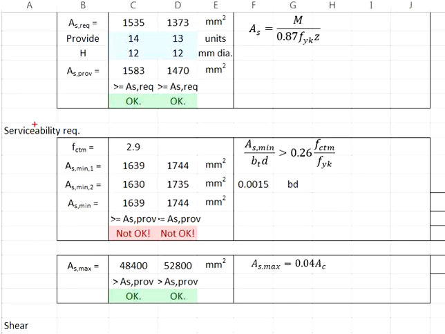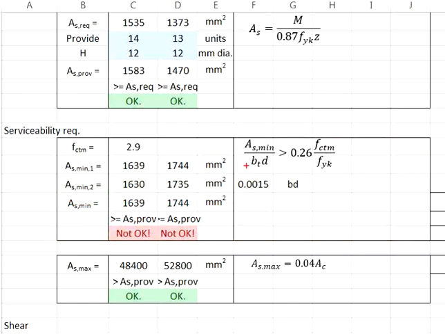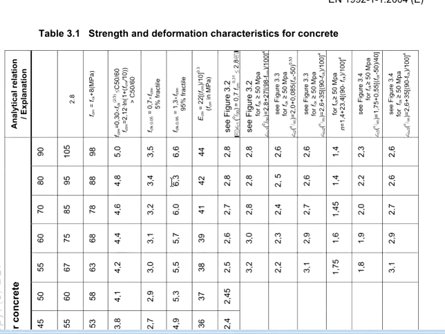Next, we will look into the As minimum. As minimum is calculated based on two methods. The first one is due to this formula that you can obtain from Eurocode 2. You will need fctm, which you can get from table 3.1 in Eurocode 2. This is table 3.1.